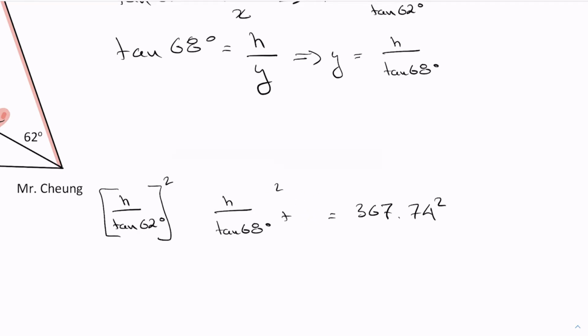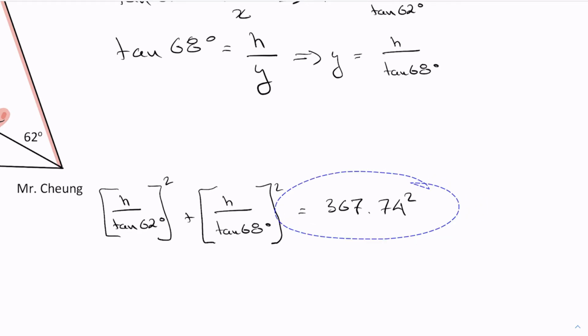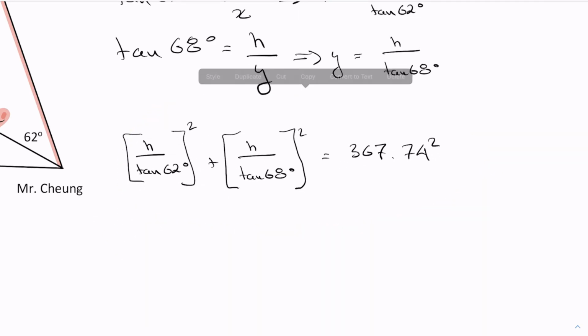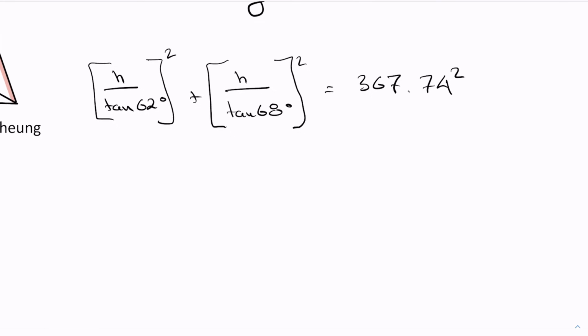So I'll just put that there. This plus goes in the middle, and everything is in brackets. And now this guy can just scoot in, and voila. We have now one equation, one unknown. I know it's a little bit messy, but it is still one unknown, and we can solve. So let's get to it.